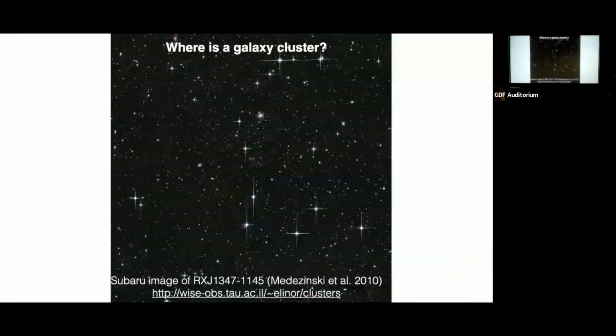So where's the galaxy cluster? Let's see. Astronomers typically believe that for some mysterious reasons, the galaxies in galaxy clusters are red. So what you do then is to look at concentration of red galaxies, like this.